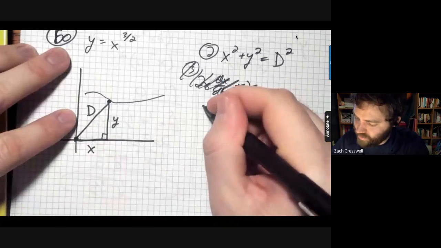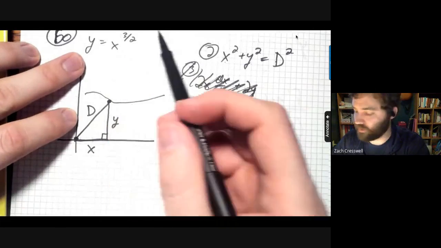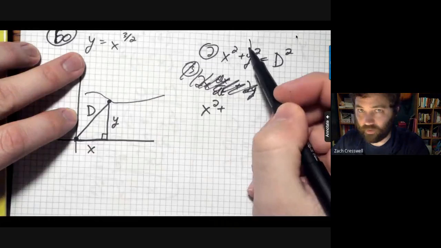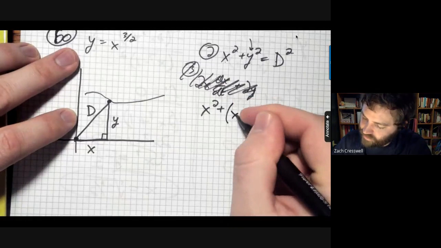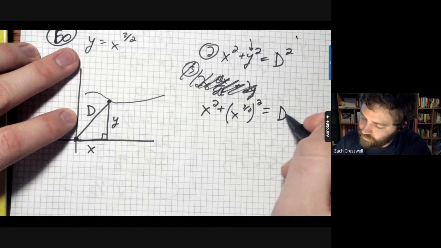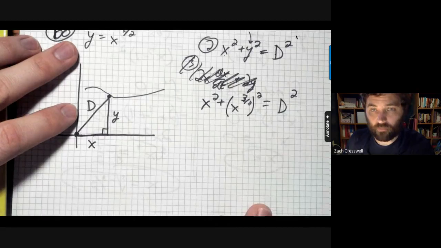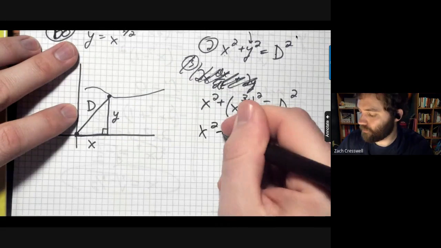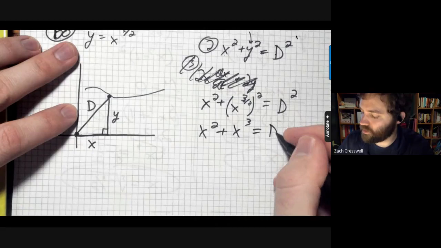I apologize. So we'll have x squared plus, and I'm going to take y equal to x to the 3/2 and plug it in right here to simplify this model. So it'll be x squared plus x to the 3/2 squared is equal to D squared. Simplifying this, we have x squared plus x cubed is equal to D squared.